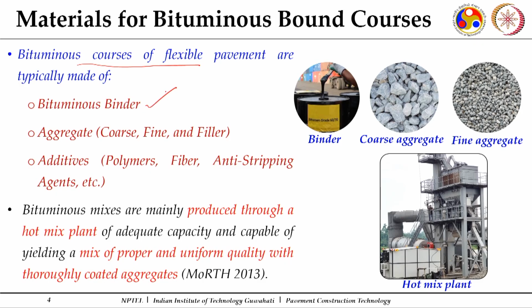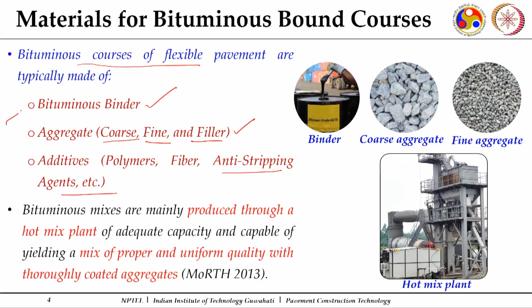One is your bituminous binder, the one which is going to bind your aggregates, which again fall under different categories of coarse, fine and filler. Along with it, there may be certain additives used to impart specific characteristics, but the two main components are your bituminous binder and the aggregate.